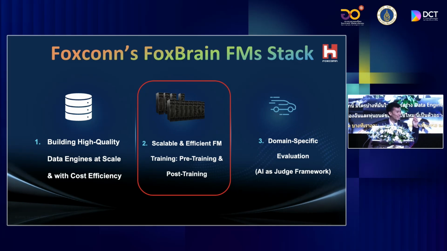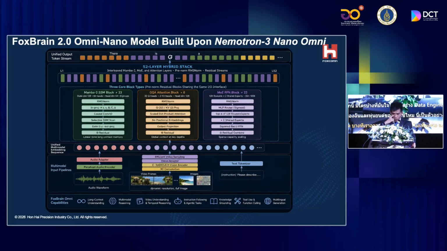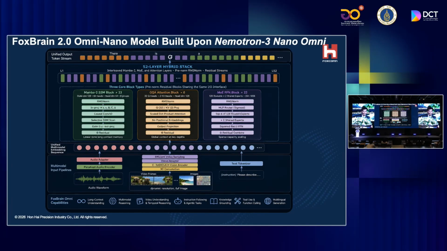Okay, now training the model. It's one of the expensive parts, as expensive as a data engine. To train the model, we have to think about how we design the model architecture, right? Today there are a lot of frontier AI models whose architectures are released as open source. You can easily look at the DeepSeek paper or the NVIDIA Nemotron paper and see how they design the architecture.